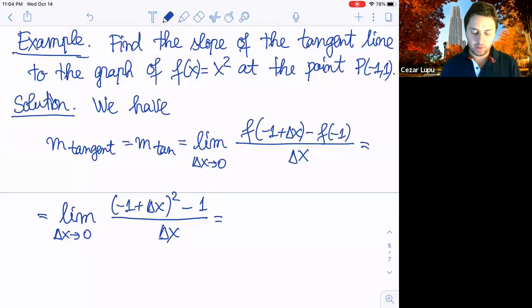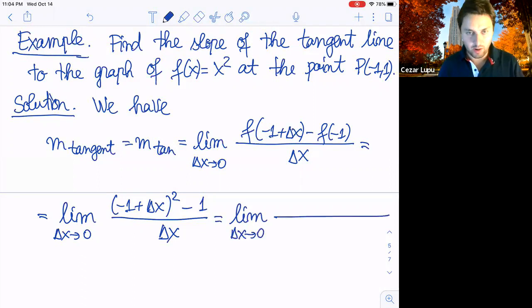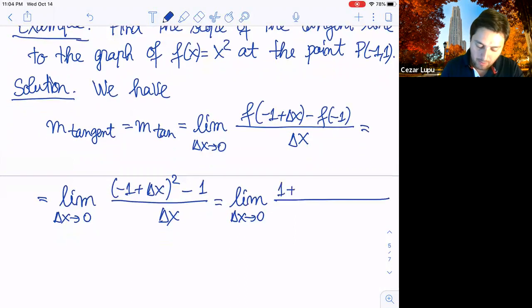Okay, and we can expand this. We will use some basic college algebra knowledge now, which I hope all of you will master. So you can expand the binomial there. So this would be 1 minus 2 delta x plus delta x squared, minus 1, everything over delta x.